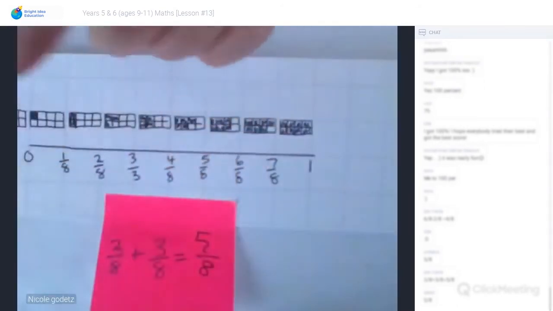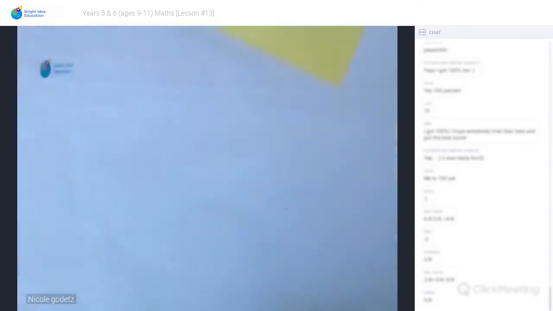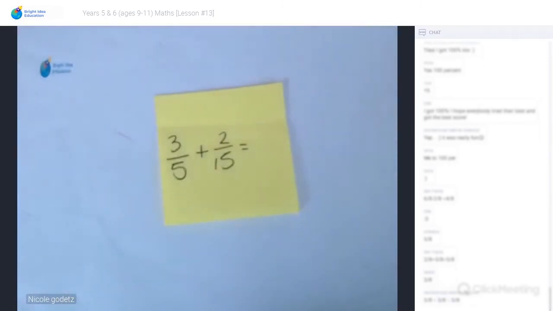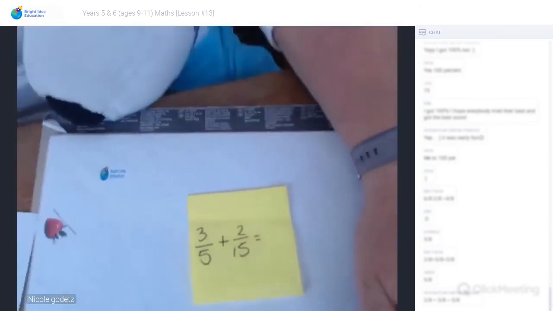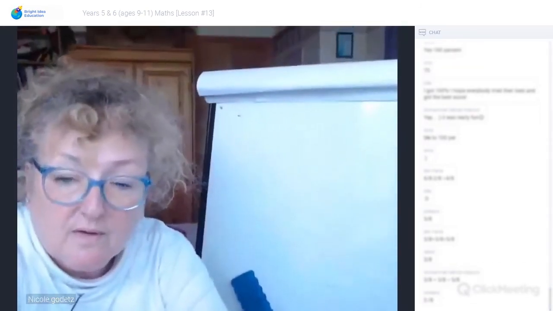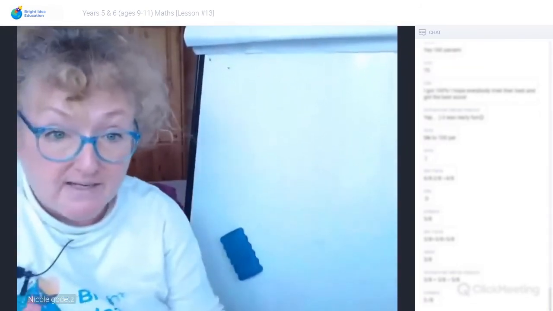But what happens when the denominators are not the same? When you have to do some additions and the denominators are not the same, then you have to make them the same.